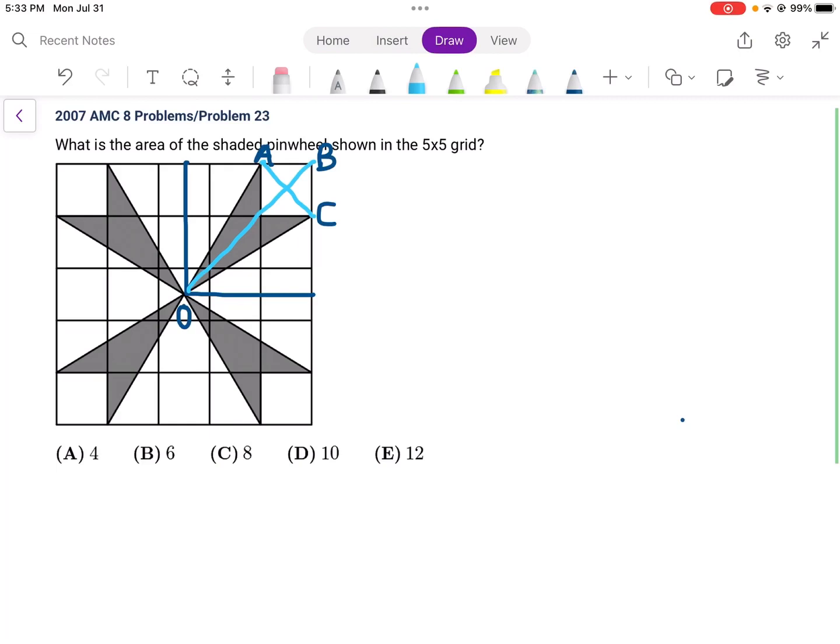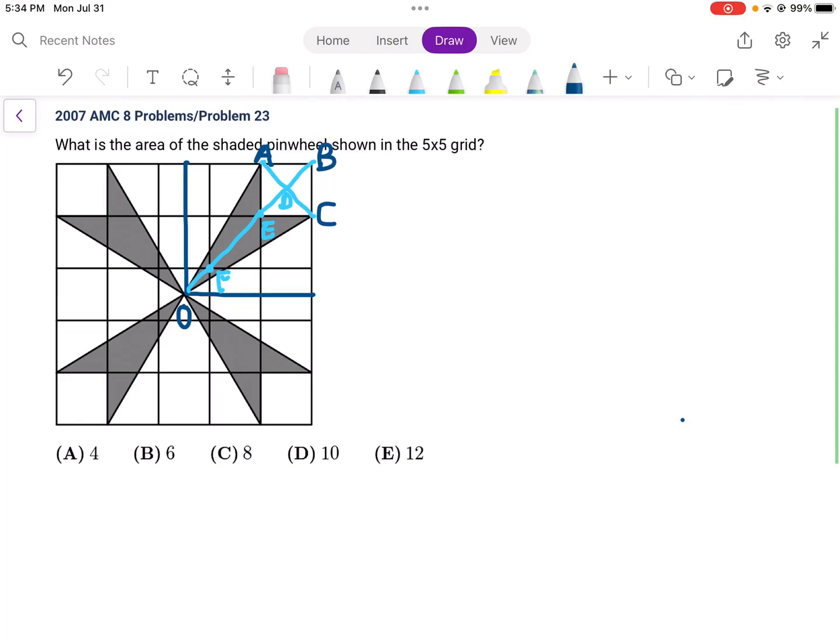Let's assume AC and OB cross at D, and then here it's E, and this crossing point is F.